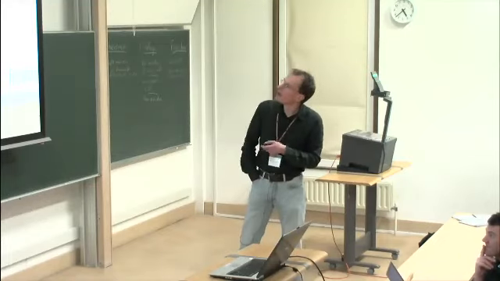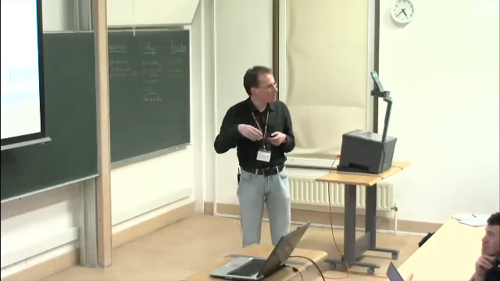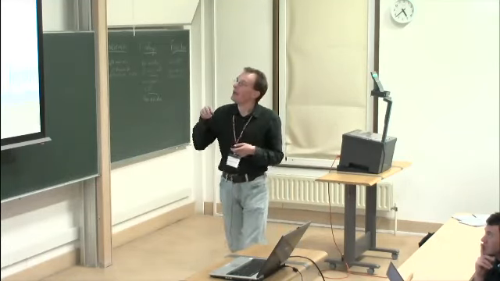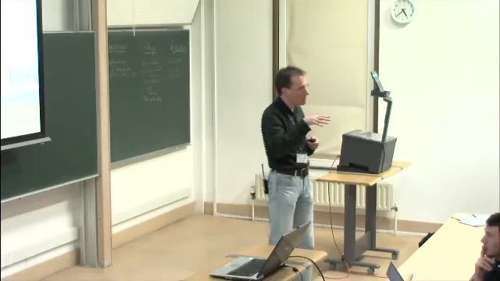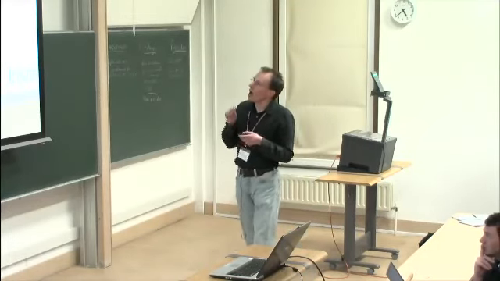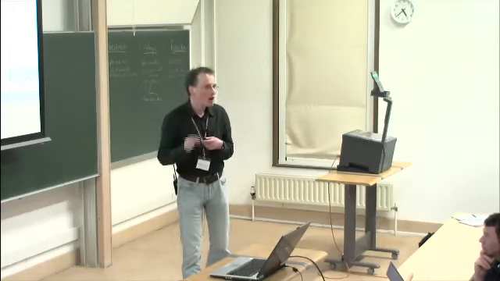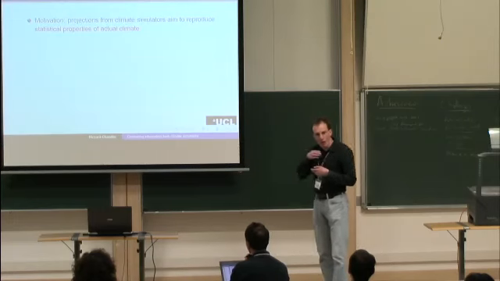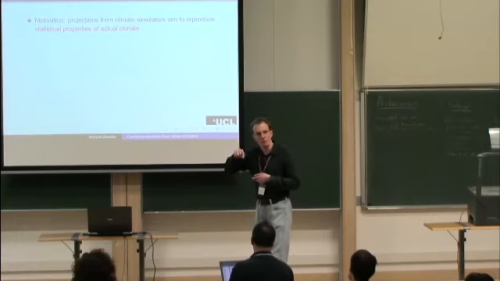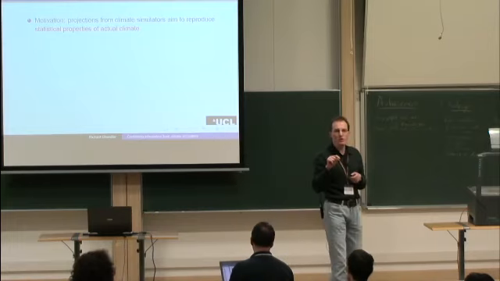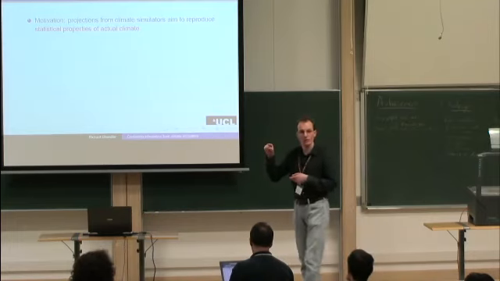So what I'm going to do is start by describing rather briefly the conceptual framework that Nadia Leith and myself developed. It starts from the observation that future climate projections from a climate simulator are not predictions.